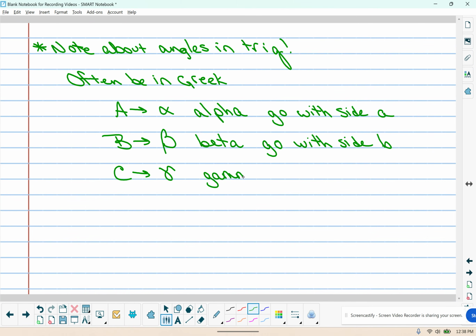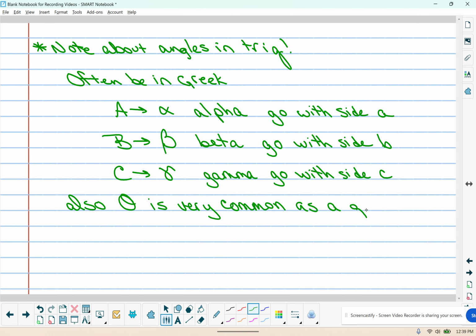This is gamma, and that will go with side C. So you will see these not in this assignment. And then also theta is very common as a generic angle.